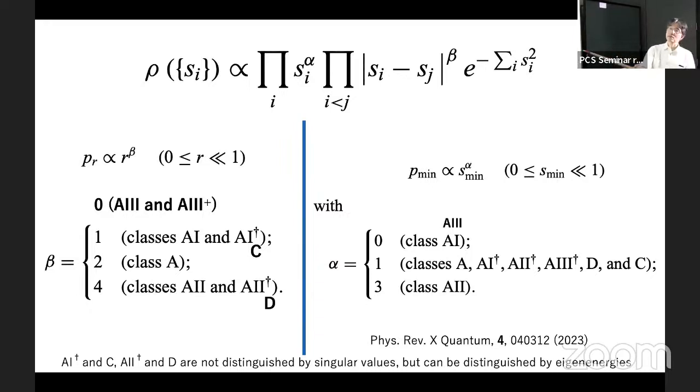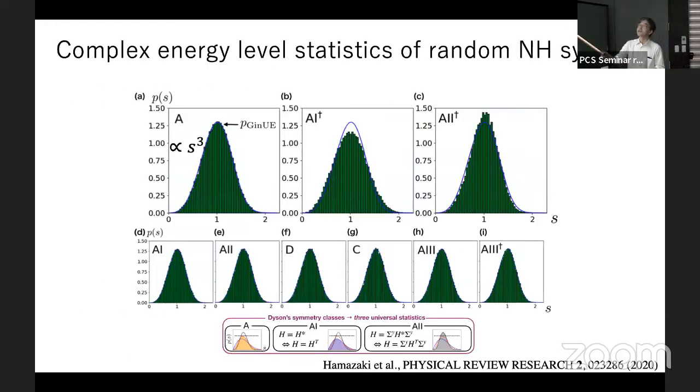And we can also distinguish A1 from other classes: A1, A1 dagger, and C show the same level repulsion, but A1 and A1 dagger have a different alpha, so we can distinguish them. The remaining ensemble is A1 dagger and C. But don't worry, A1 dagger and C are different from each other if we look at the complex energy. So you don't need to worry.